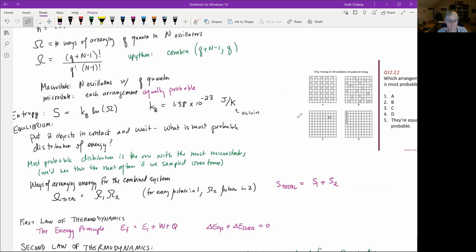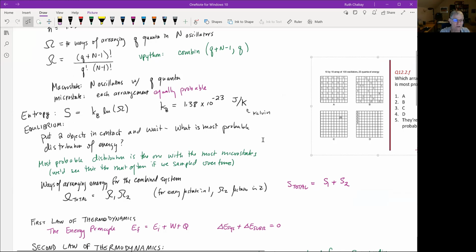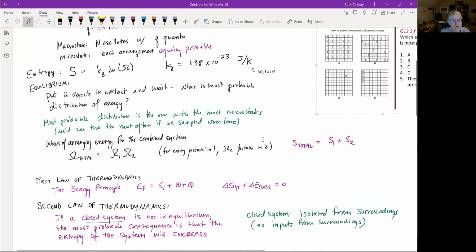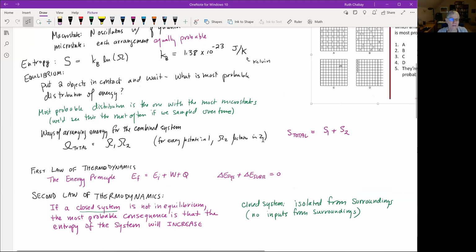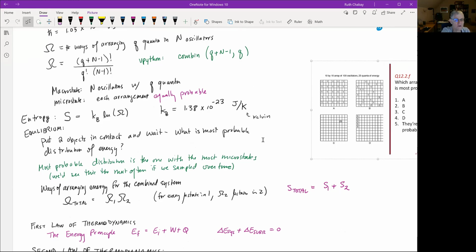So probability. And we found that entropy, which was a concept that was first invented long before people knew about the atomic composition of matter, entropy turns out to be related directly to the number of ways of arranging however much energy you've got and however many oscillators you've got.